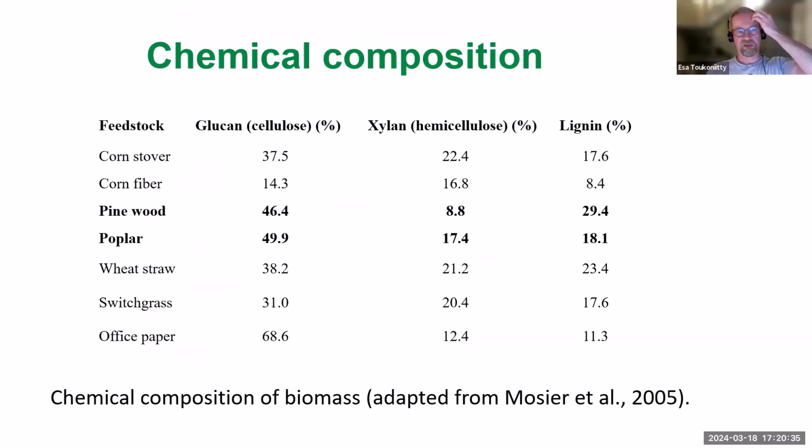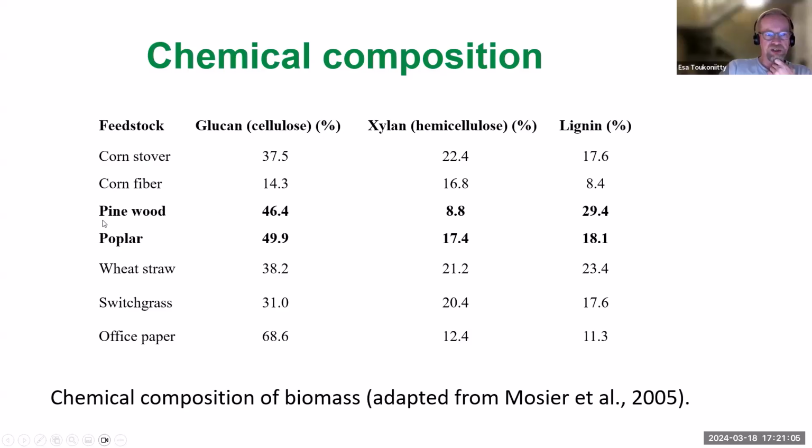So the chemical composition varies here, like we have seen already. It depends totally on what is in the feedstock, and that's probably quite understandable. But when we apply these pre-treatment steps, like in today's lecture, it influences, of course, the different components in a different way.